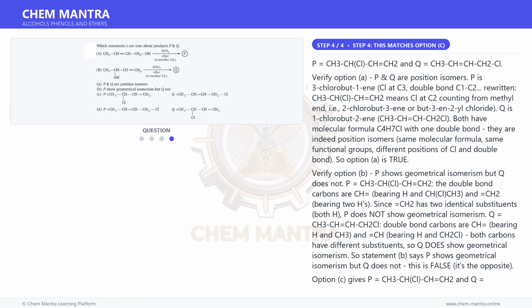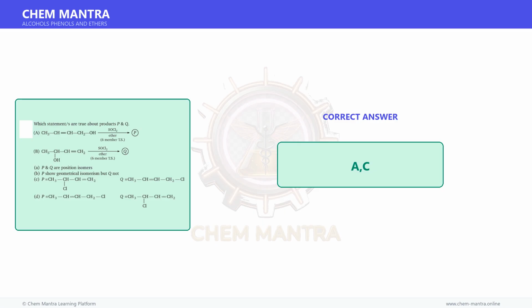This is the reverse of what we derived. False. Therefore options A and C are correct, matching the given answer A, C. Therefore, the correct answer is A, C. The correct answer is shown on screen.